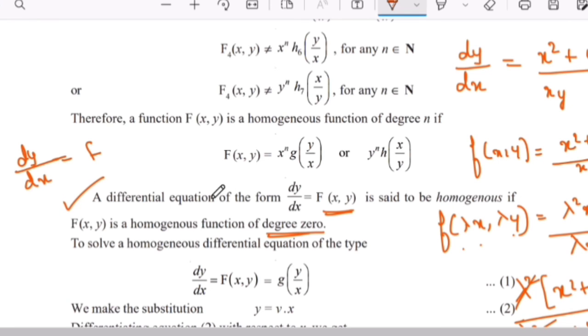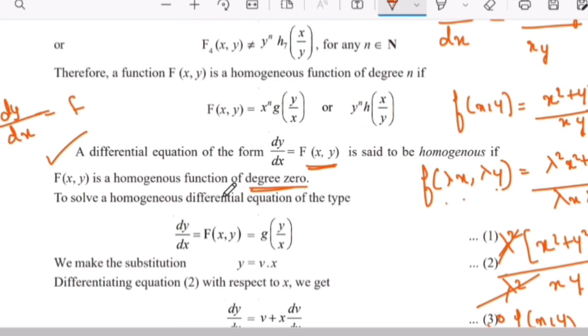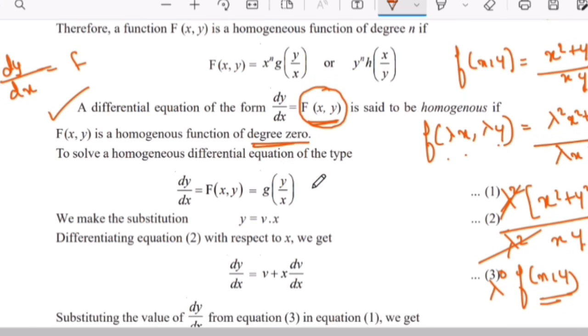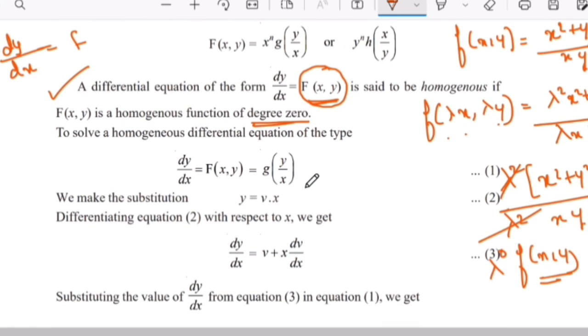So just see the definition of a homogeneous differential equation. dy by dx is equal to f of x,y is said to be homogeneous if this is a homogeneous function of degree 0. Then we say it is homogeneous. Now, how do you solve a homogeneous differential equation? There are various steps in that.